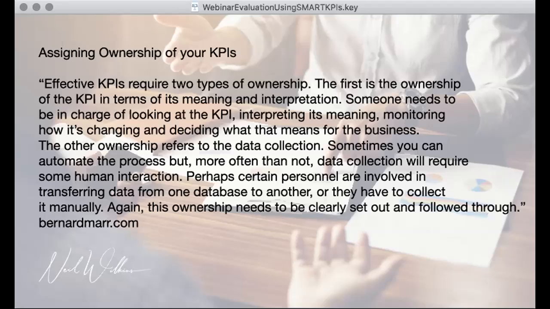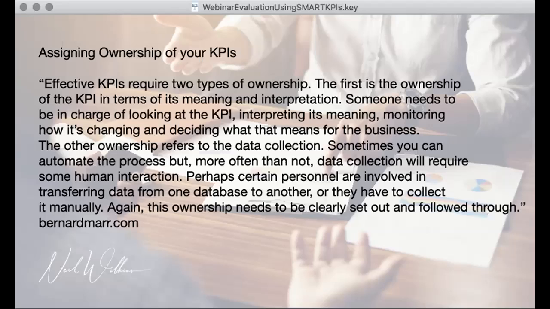So rather than just thinking about reporting back the end result of campaigns and projects, feel free, and actually I would encourage you, to be reporting on KPIs, because KPIs require real ownership. You're going to own yours, but think about others in the organization who might need to provide input and provide data to you as part of the process, because sometimes you can automate it, but often you can't.